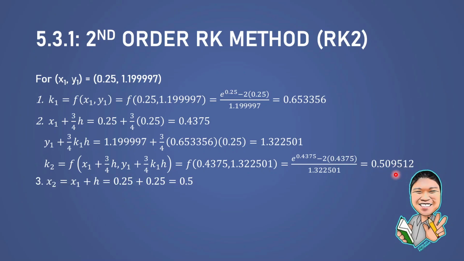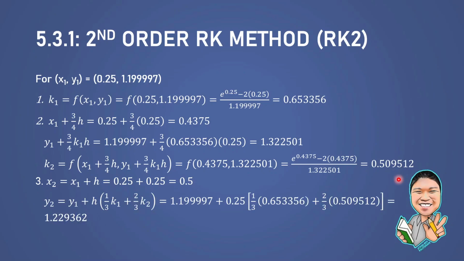0.509512. For the third step, hanapin nyo na yung x sub 2 and y sub 2. Madali yung x sub 2 kasi simply x sub 1 plus h. So, 0.25 plus 0.25. Therefore, 0.5 na siya. But for y sub 2, that is equal to y sub 1 plus h, the quantity 1/3 k1 plus 2/3 k2.